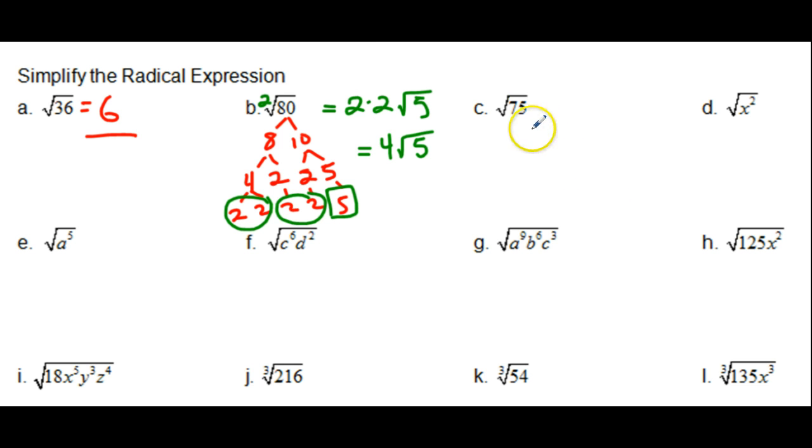Let's look at square root of 75. What two numbers multiply to 75, right? We have 25 times 5. Right? We can break this 25 down to 5 times 5. This one we can't break down, but we're just going to rewrite it as 5. So again, you see how I bring every single number, even though we don't break it down, I bring every single number down to each level.